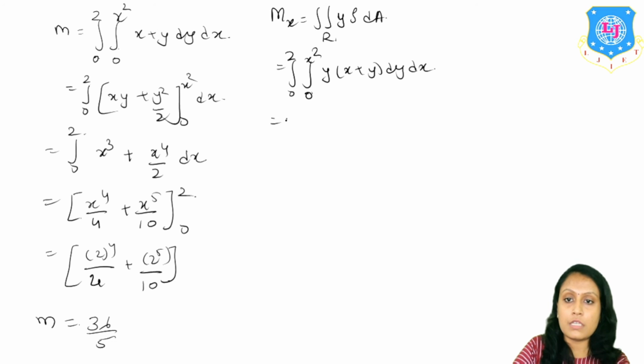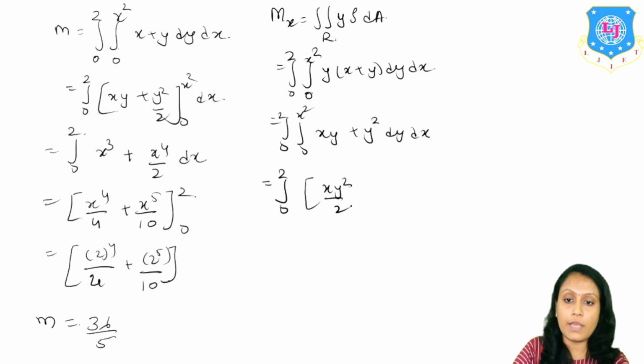So this is integration 0 to 2, 0 to x squared, of xy plus y squared, dy dx. Now integrate with respect to y. Here we have x into y squared by 2 plus y cubed by 3, and the limits are from 0 to x squared. Substitute the limit.